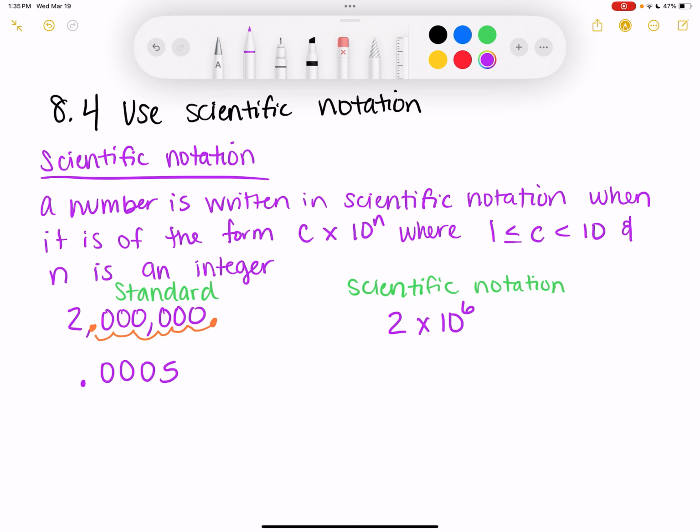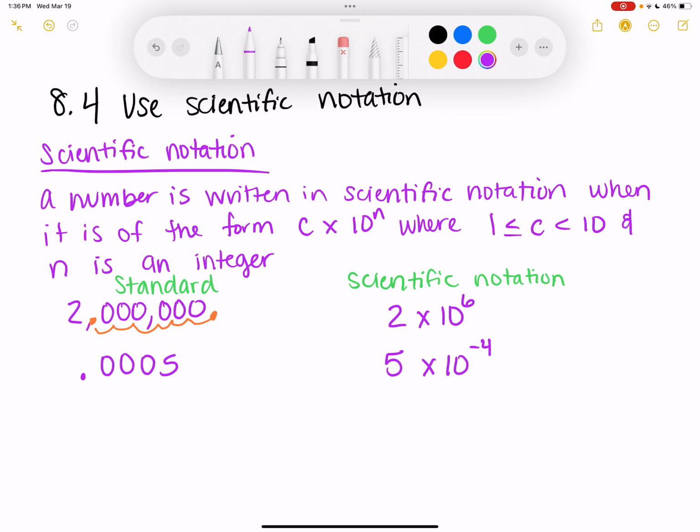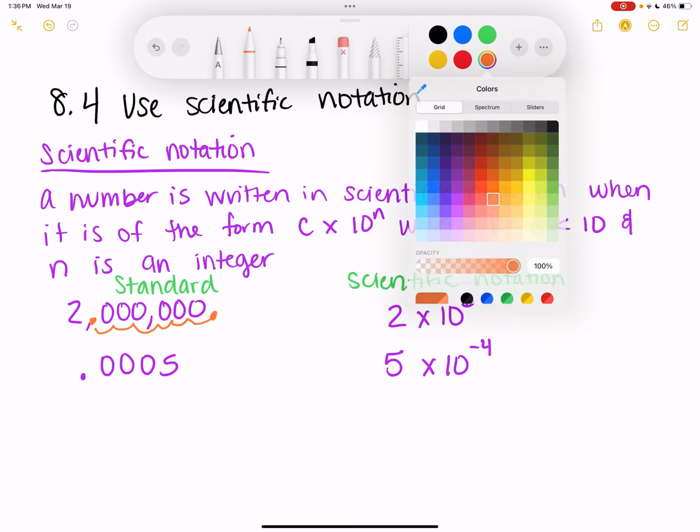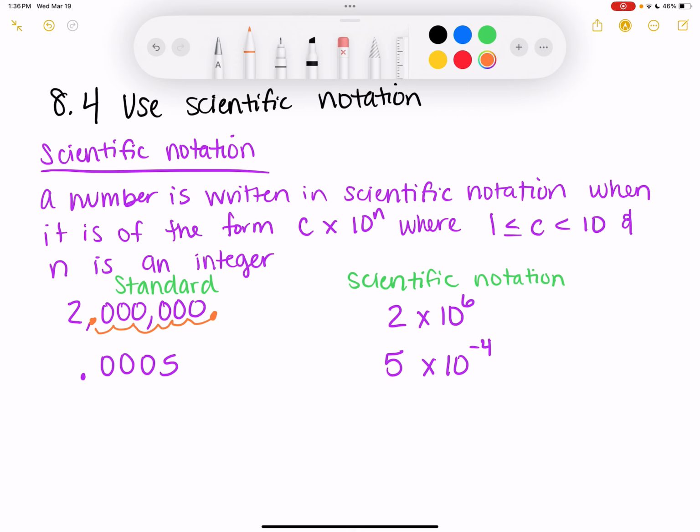The other option, though, if we have a really small number, something like 0.0005, would be written as 5 times 10 to the negative 4, because what we want to do is get that decimal to the right-hand side of my first whole number that's not a 0. So I'm going to take this decimal, and it moves from left to right, which gives me the negative exponent.